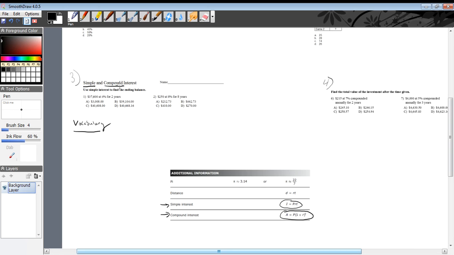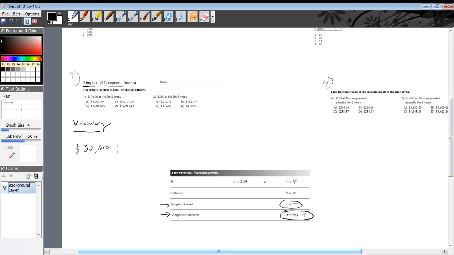When I'm talking about interest, the best way to think about all these problems is in terms of a bank. So let's look at the first problem. It's $37,600. That's a lot of money. So let's say this is what you have in the bank.